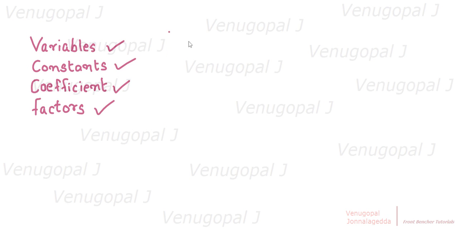So let's look at variables first. What are variables? By the word variable, it means varying or changing.